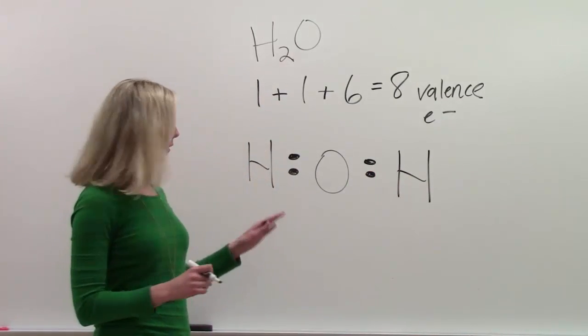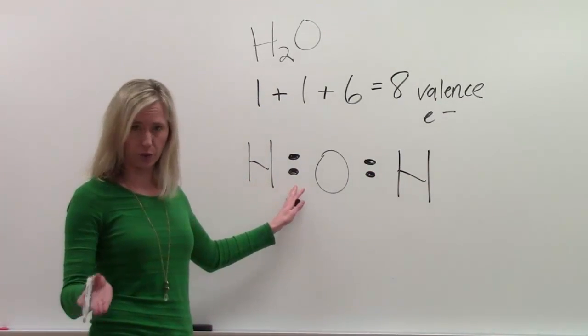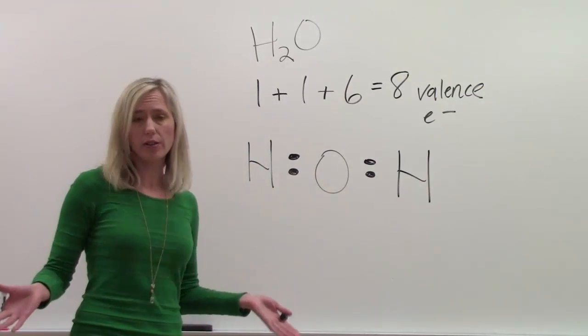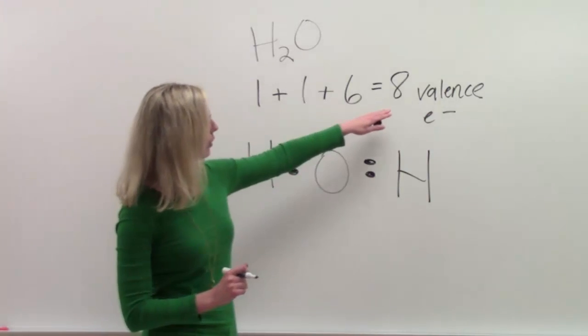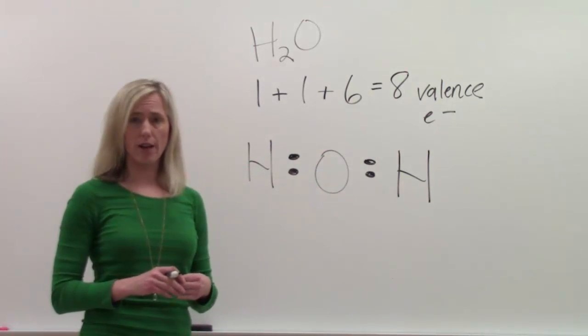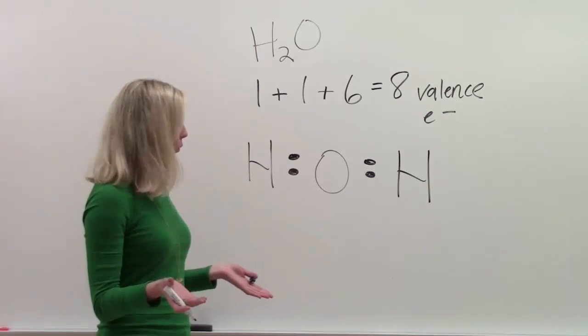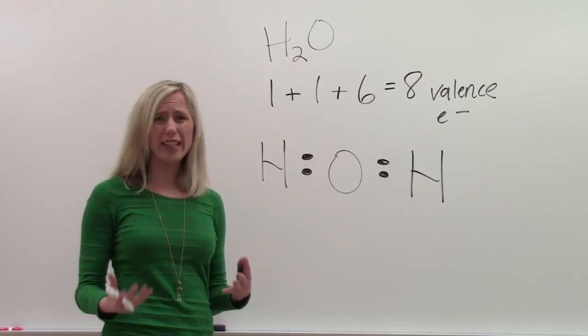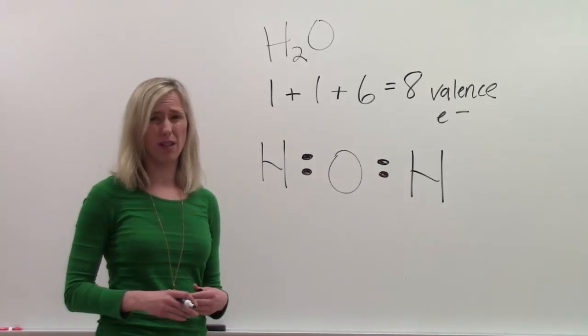So right now you'll notice this hydrogen has 2, and this hydrogen has 2 valence electrons. So they're stable. But we've only used 4 of the 8 that we have to work with. Where could we possibly put the other 4? It looks like the hydrogens don't need any more, so we really can't put them in a bond.